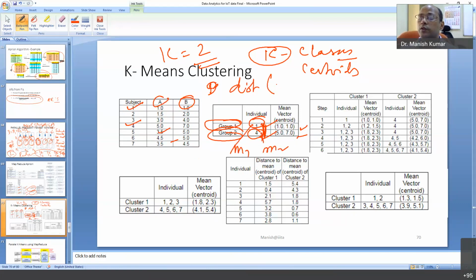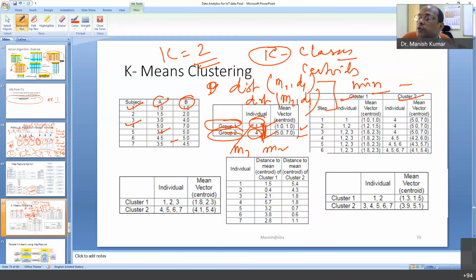So the distance between M1 and each of these individual data points, and the distance of M2 with individual data points, and whichever is minimum, the data point will be placed in that cluster.